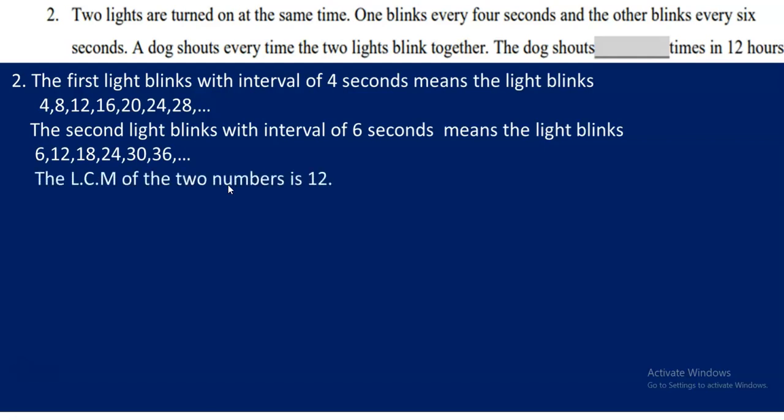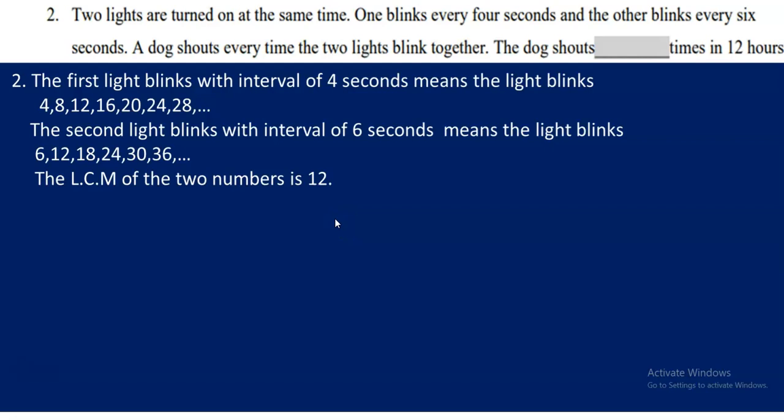So the LCM of the 2 numbers is obtained to be 12. Look, the least common multiple of these 2 numbers is 12. Here we have 12 in the third arrangement, and in the second arrangement we have 12. So the LCM of the 2 numbers is 12. So at multiples of 12, the dog shouts.